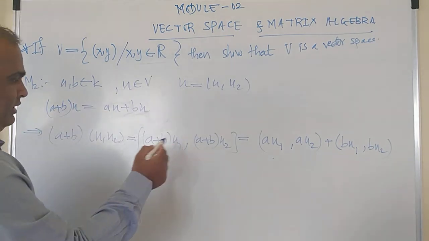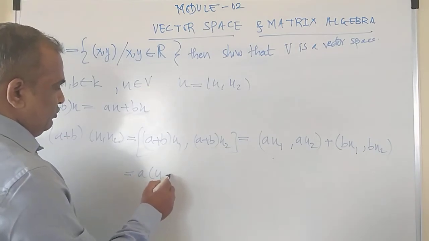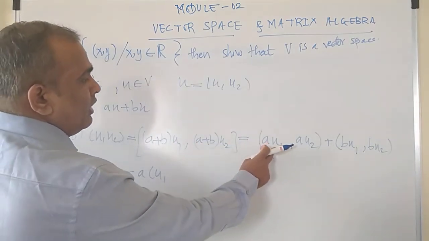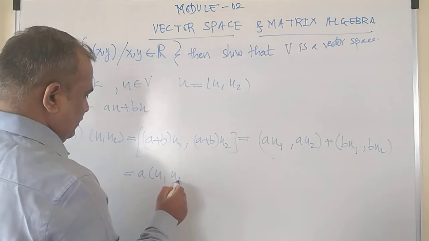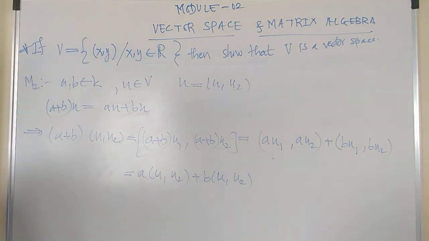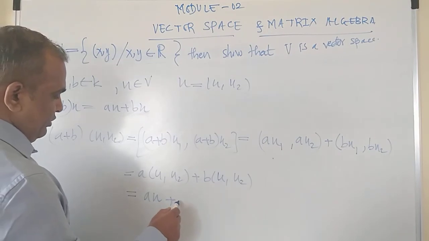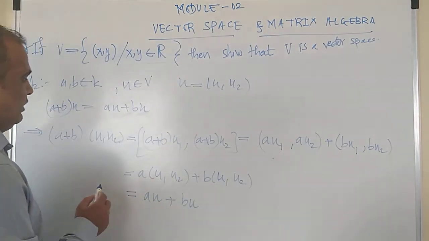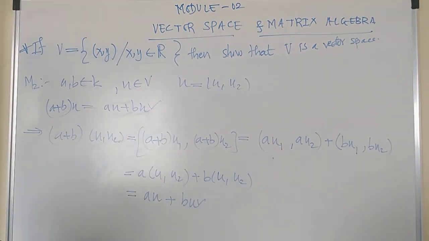And this can be written as taking out common a and writing (u1, u2) plus b into (u1, u2), isn't it? This indicates that I would be able to write this as a u plus b u. Thus this is followed and hence I can say m2 is also followed. Got it? Now let's check the m3.